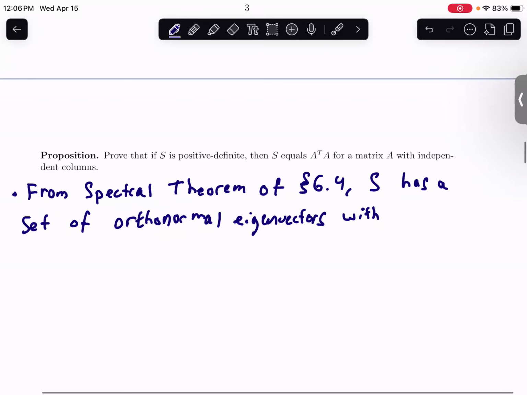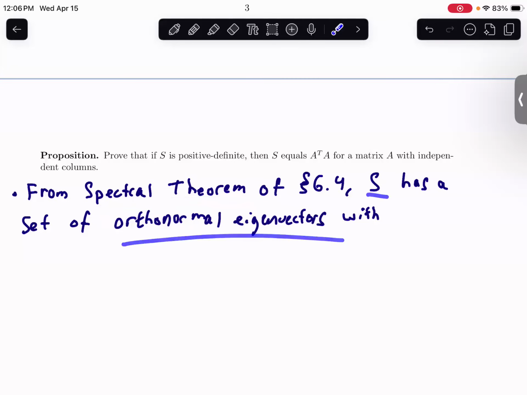So because S is positive definite and thus symmetric, the spectral theorem tells you that it's going to have a set of orthonormal eigenvectors. So we can write S is equal to, so when I have orthonormal eigenvectors, that means the matrix is going to be orthogonal. So I'm going to use Q instead of X. Q is the matrix that's formed from the eigenvectors. So this is kind of like a special case, so I write it with Q instead of X.